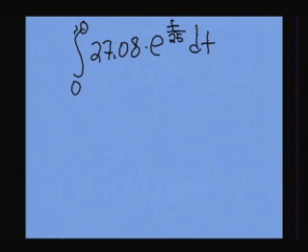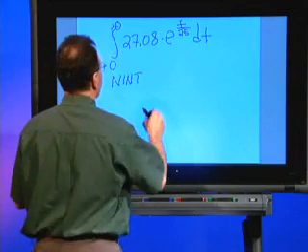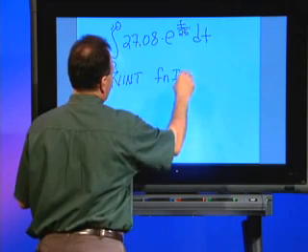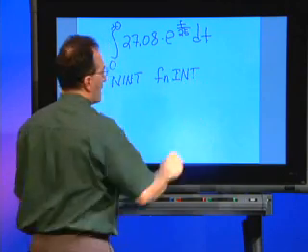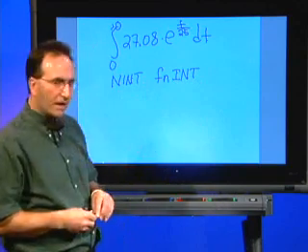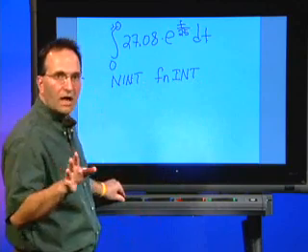If we plug this into our calculator using the n-int, which remember on the TI-84 Plus editions comes up as fnInt. Let me show you on the calculator what that window would look like.